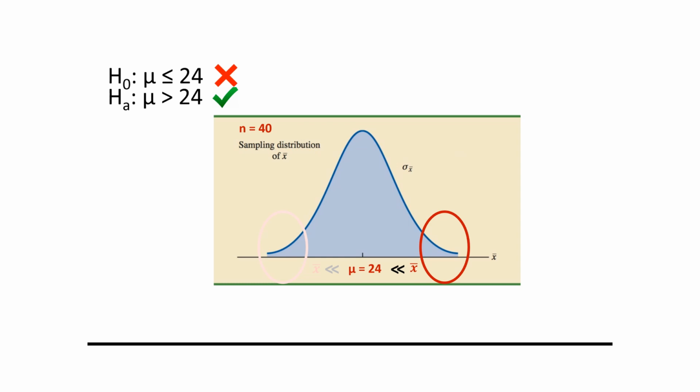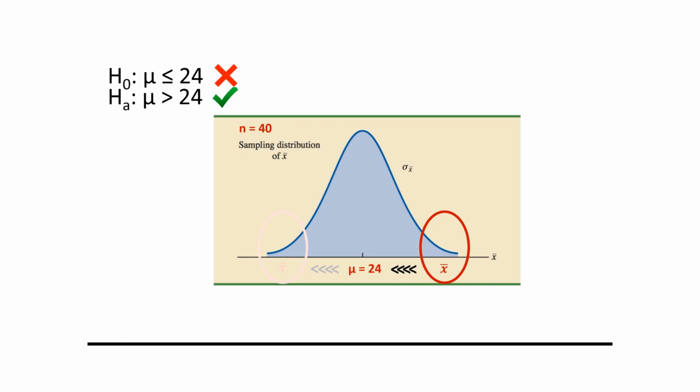Now we know that because the sampling distribution of the sample mean is normally distributed, even when the true population mean equals 24, there are sample means that are going to have extremely high values, much higher than 24, and be in the far upper tail of the distribution. But by definition of the normal distribution again, these extremely high values are very few.